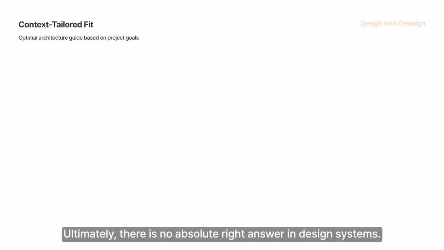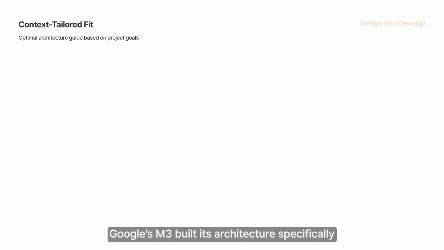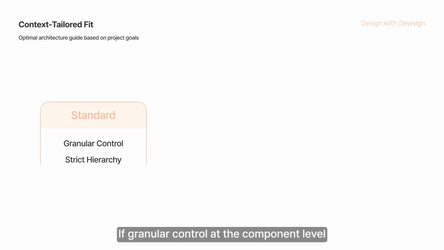Ultimately, there is no absolute right answer in design systems. Google's M3 built its architecture specifically to achieve its goals of infinite theme expansion and rapid production deployment speed. What truly matters is tailoring it to your own product's scale and objective. If granular control at the component level and a strict hierarchy are your top priorities, you should opt for the standard 3-layer structure.